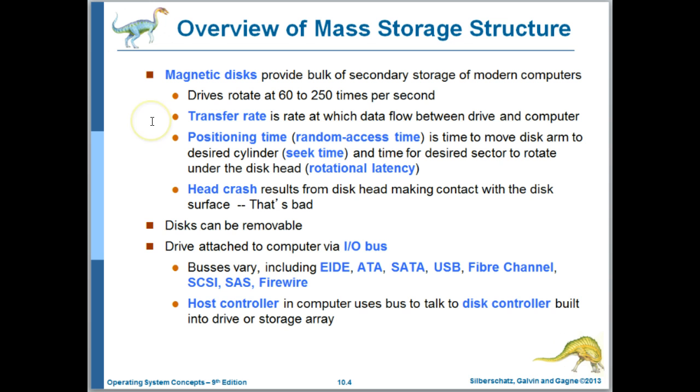There's an interface bus between the disk drive and the computer system, and we have a data transfer rate on that bus. There are, as you'll see in the next figure, read-write heads that have to be positioned to a particular track in order to satisfy a data request. That's called a seek. Seek takes a certain amount of time to complete.